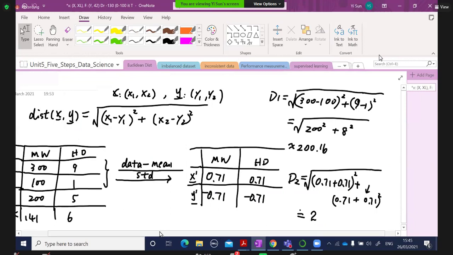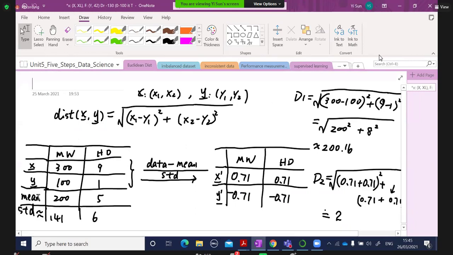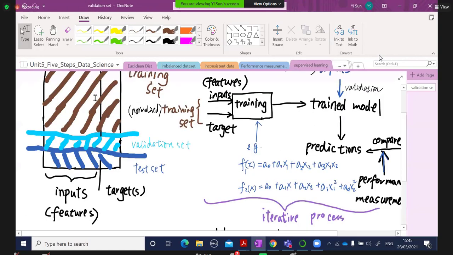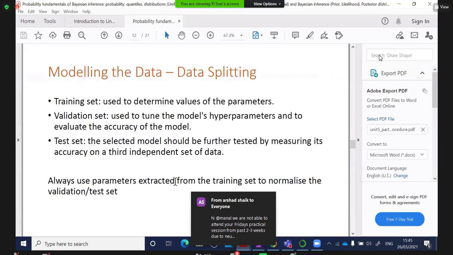The mean and standard deviation are parameters. They should be extracted from the training set only, not the whole set, not the test set, not the validation set. And then you use that mean and standard deviation to normalize the training set, validation set, and the test set. That is what we meant here.